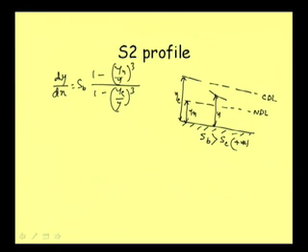If the critical depth is less than y, then this ratio will be a fraction and the denominator will be positive, but the numerator will be negative. That means if one is positive, the other will be negative. So the ultimate expression for dy/dx will always be negative, and that is why this profile is always a falling profile. Any profile in zone 2 will be a falling profile.